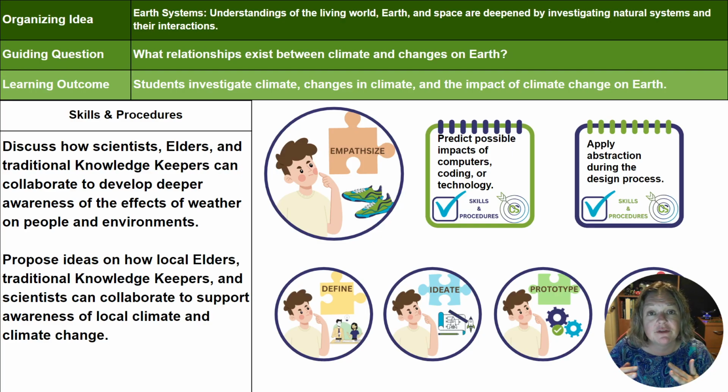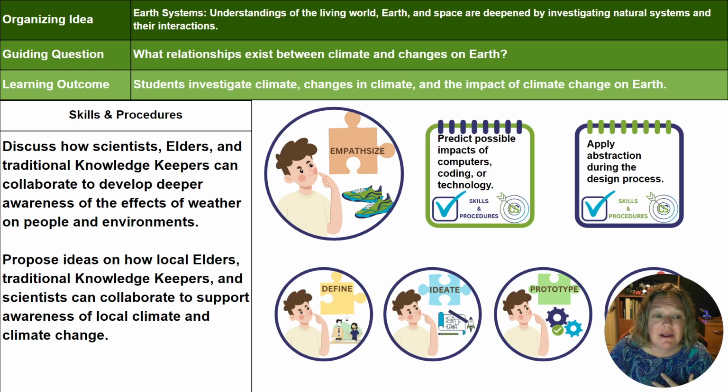Then we can move through the rest of the design process as we work towards these ideas or a plan that we're creating regarding people and environments and local climate change. And then in addition to that, we can talk about the possible impacts of computers and coding and technology. Maybe as we're coming up with a plan, we're incorporating how computers could help solve this climate change issue.